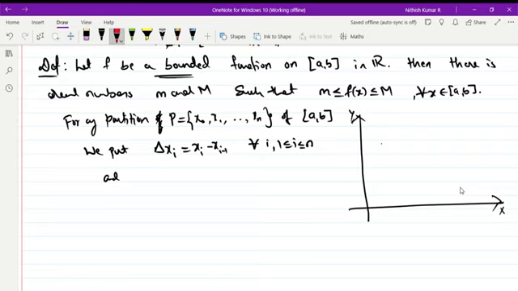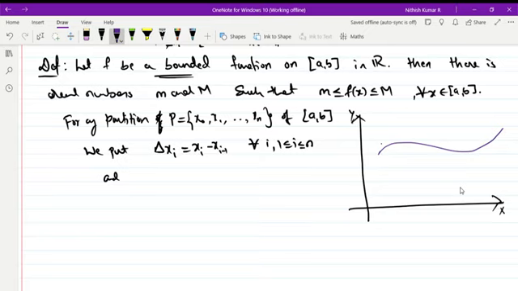In the beginning of our introduction we took f as a non-negative function.